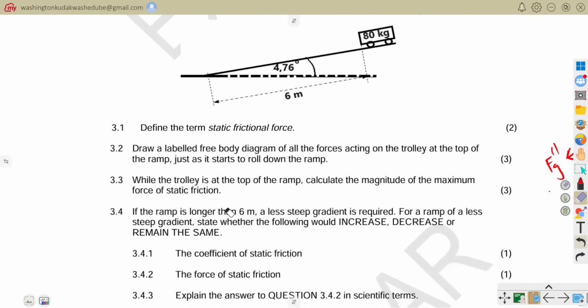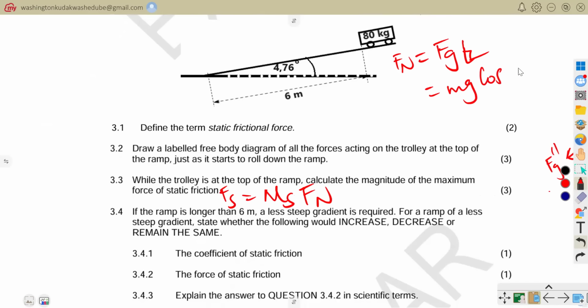Now they're saying if the ramp is longer than 6 meters, sorry, I skipped this. They said while the trolley is at the top of the ramp, calculate the magnitude of the maximum force of static friction. The maximum force of static friction is given by the coefficient of static friction times the normal force, where we know that the normal force would be balanced by the weight perpendicular component, which is just mg cos theta, where theta is 4.76.